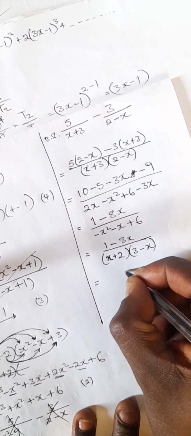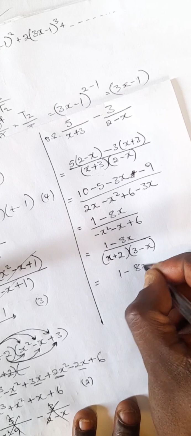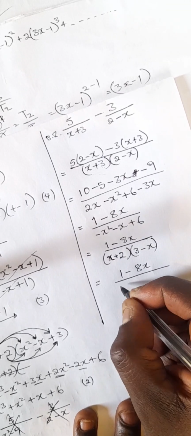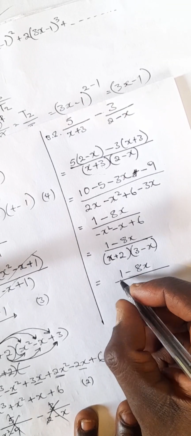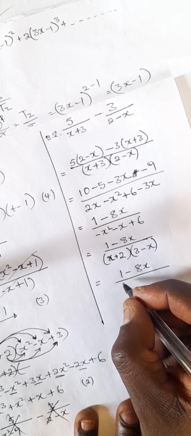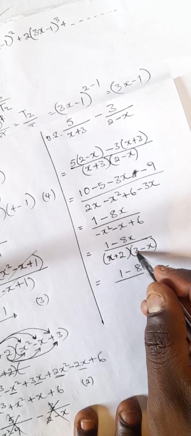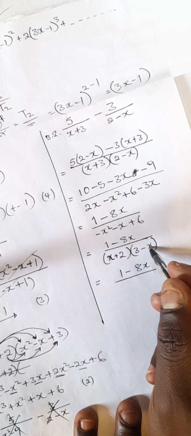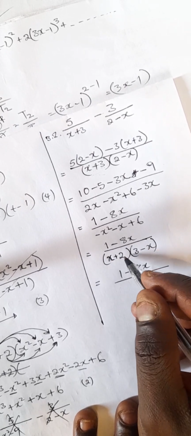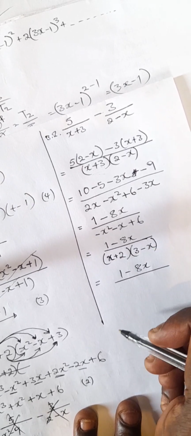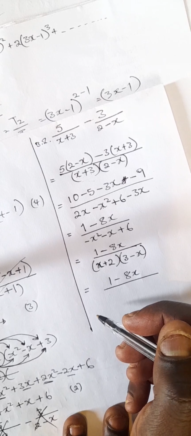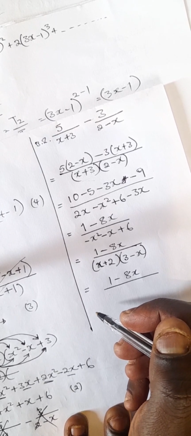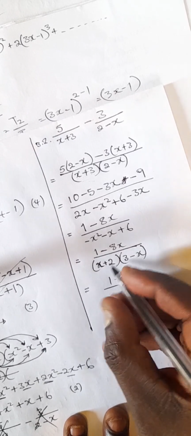Actually, no, my factors are, let me see. Okay, x times that gives you 3x, x times that negative x squared minus 2x. No, it should be minus 3x.